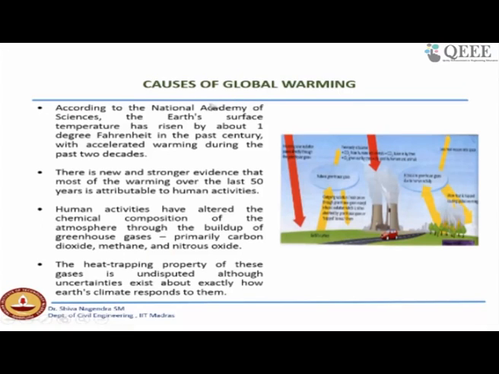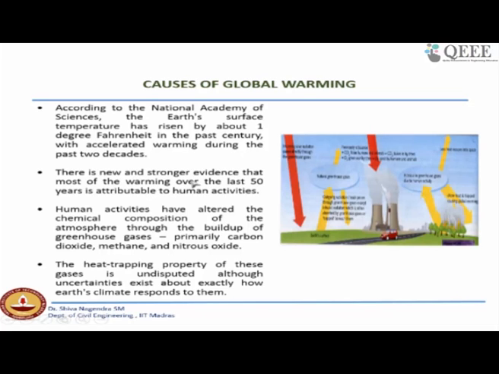So all of us know that the Earth's temperature is increasing. A study indicated that about 1 degree centigrade has increased over the last decade.